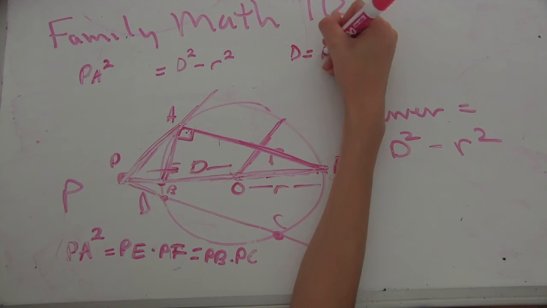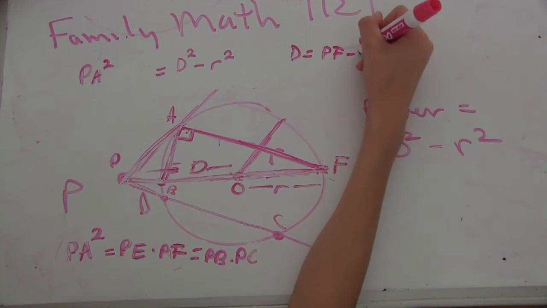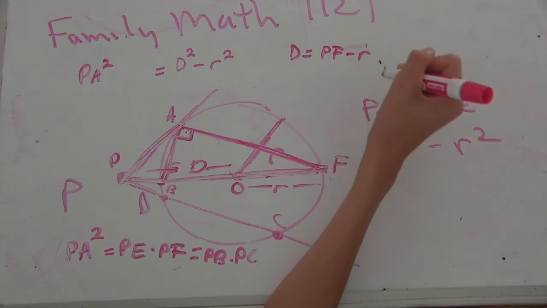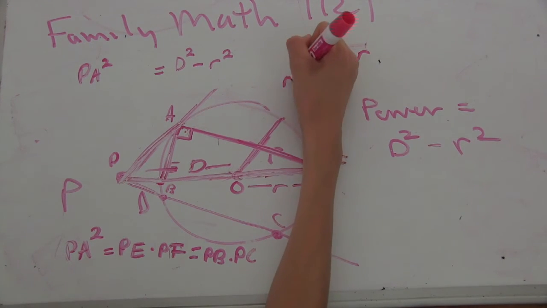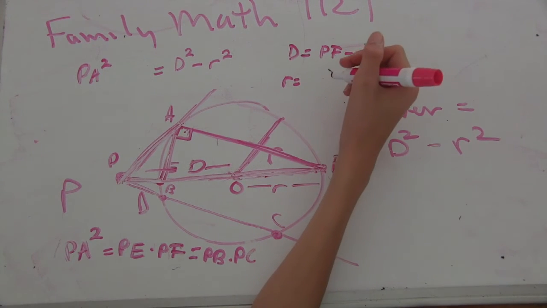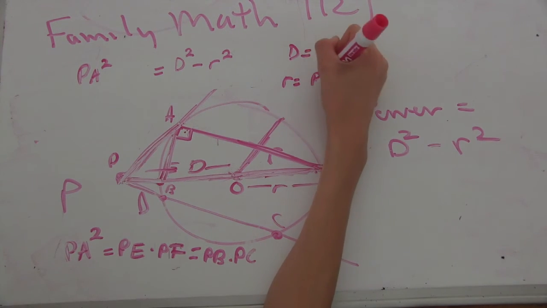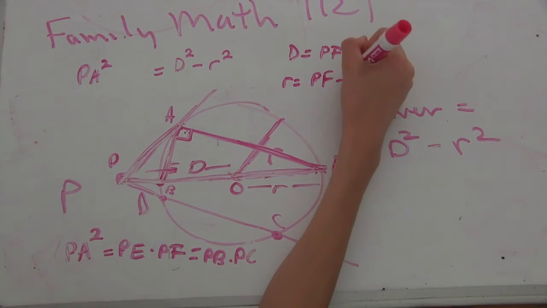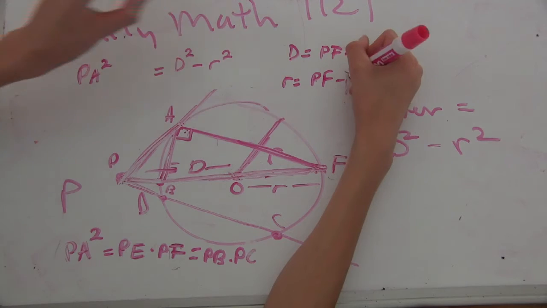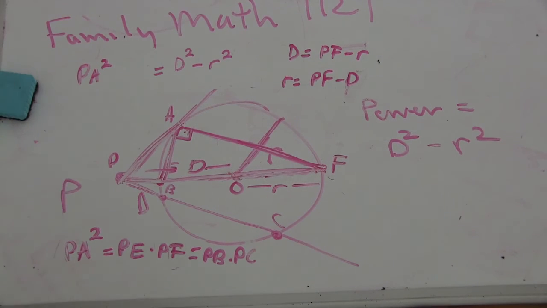D is PF minus R, and R would just be sort of the reverse of that, PF minus D. Could this be any use to us?